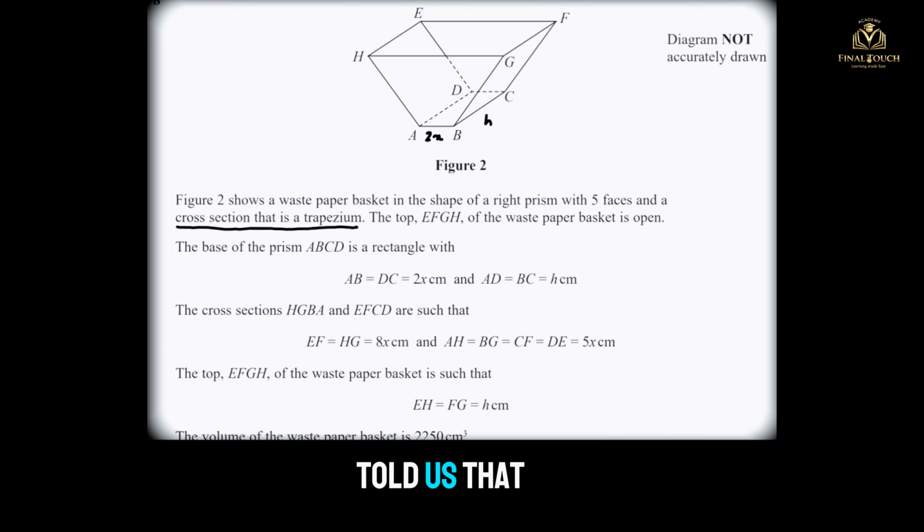Then they told us that the cross sections HGBA and EFCD are such that EF is equal to HG is equal to 8x centimeters. AH, BG, CF, and DE are all 5x centimeters. And lastly, the top of the waste paper basket, EH, is h centimeters.